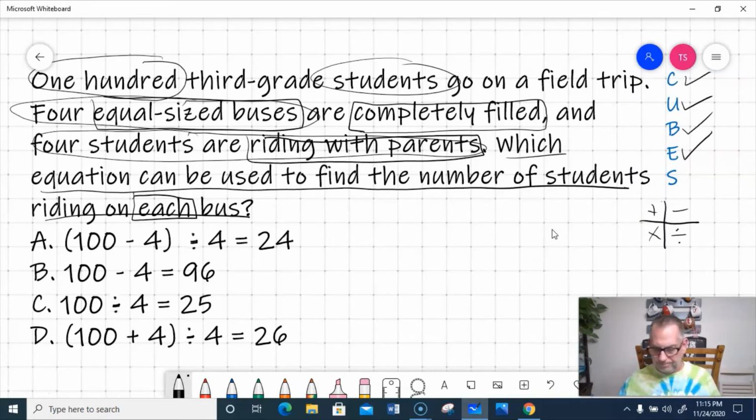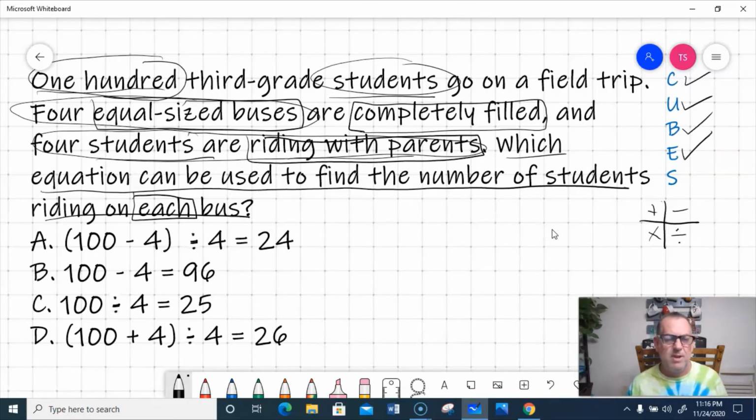So I'm going to look at it real quick here. I've got 100 students in the third grade, so I got 100 students. I have 4 students that are riding with parents, and we're trying to find out how many students are going to be riding the bus. So I see the same label there on every one of the things that we talked about. There's 100 students, there's 4 students riding with parents, and we're trying to figure out how many students are going to be riding buses on the field trip.